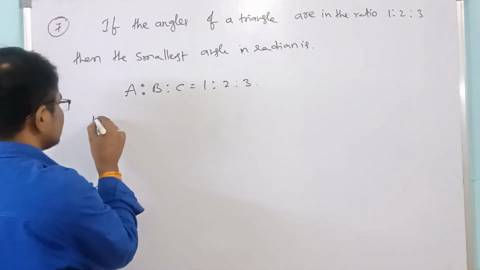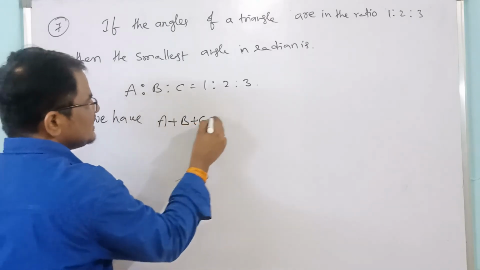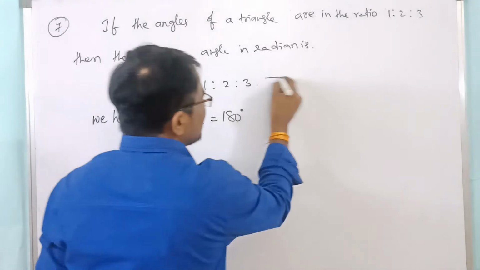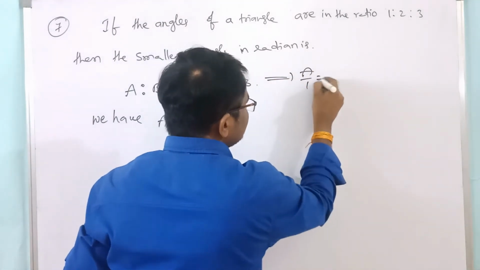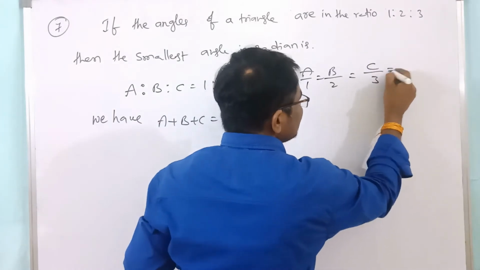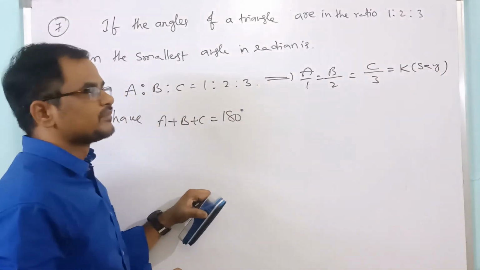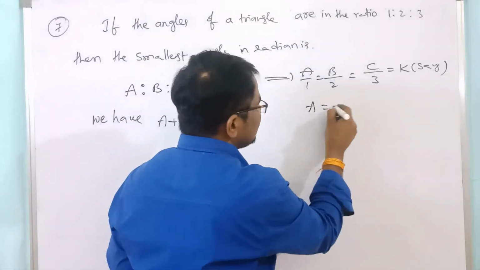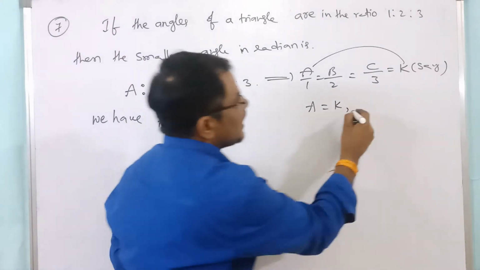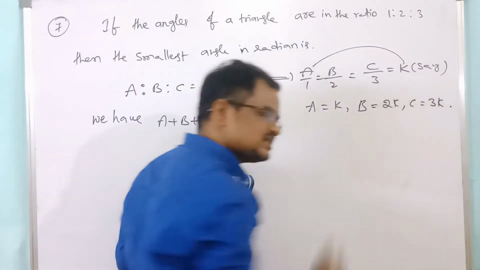We know that the sum of the angles in a triangle is 180 degrees, right? From this, A by 1 equals B by 2 equals C by 3, equal to, let us say, K. Now if you compare, A equals K, B equals 2K and C equals 3K, right?